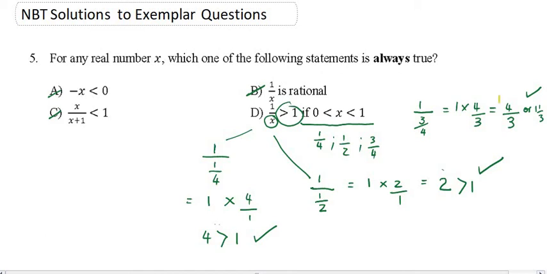So what are we saying here? We're saying that 1 and a third is bigger than 1, 2 is bigger than 1, 4 is bigger than 1. And if we tried any number between 0 and 1, less than 1, bigger than 0, then you would see that 1 over x, whatever number you choose, will always be bigger than 1. So your final answer is D.